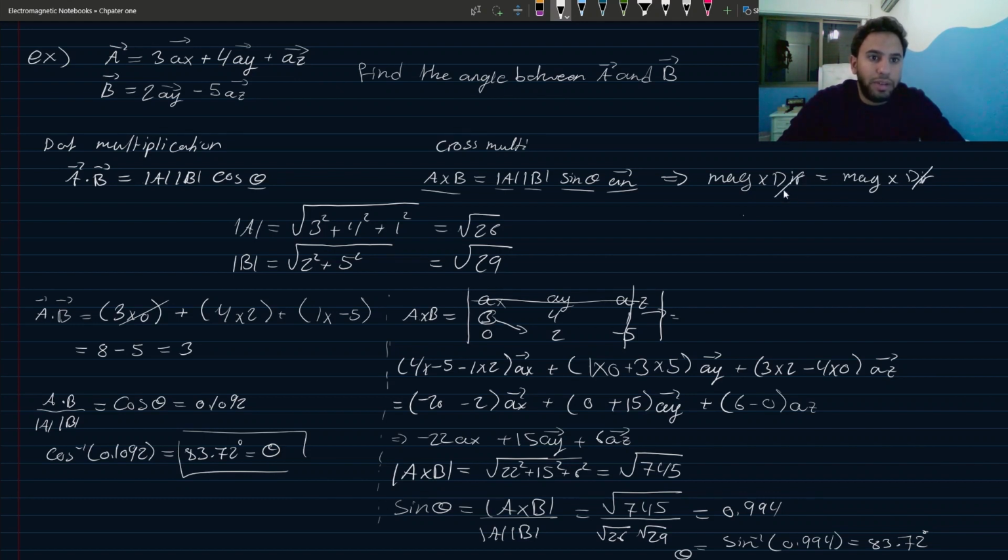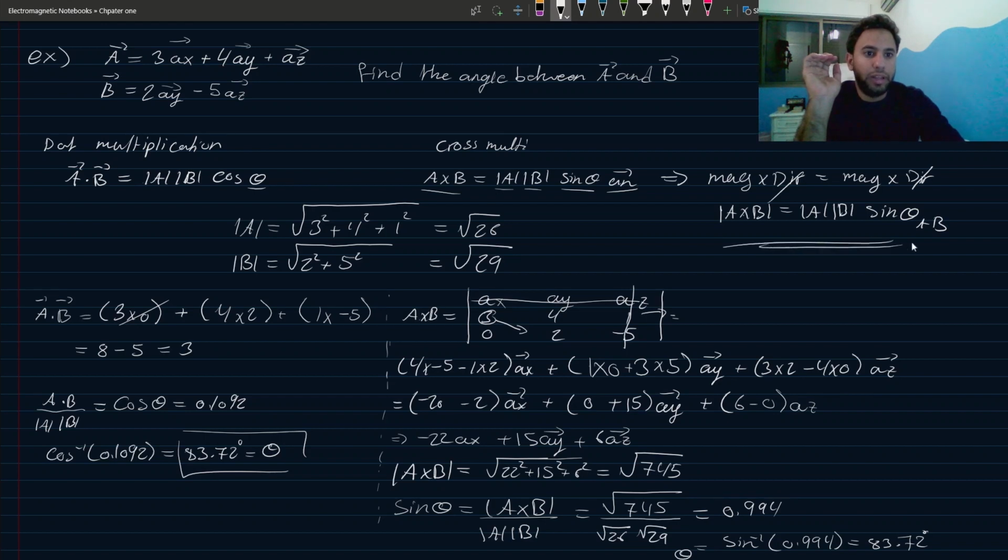And if we cross out the directions, we don't need them anymore and only focus on the magnitude, we can say that the magnitude of A cross B is equal to the magnitude of A and the magnitude of B multiplied by the sine of theta, AB. That is essentially what we have done in this example. Hope you understood this. Let's now move on to the second question.